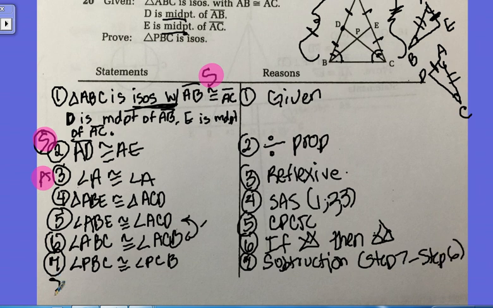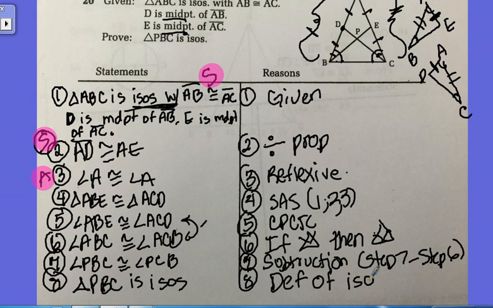And then in statement 8, PBC is isosceles. Definition of isosceles triangle: if they have base angles congruent, it is isosceles. Or you could say if a triangle has at least two congruent angles, it is isosceles.